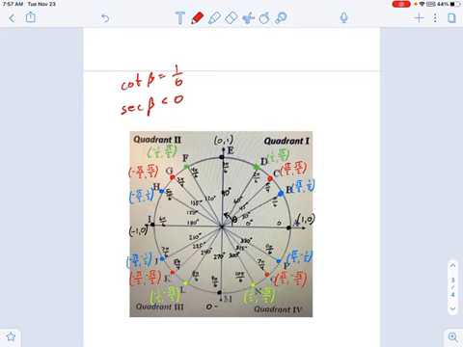Flip cotangent over, and tangent is equal to 6, according to the quotient identity. And secant of beta, according to the reciprocal identity, if that's negative, that means cosine is also negative.